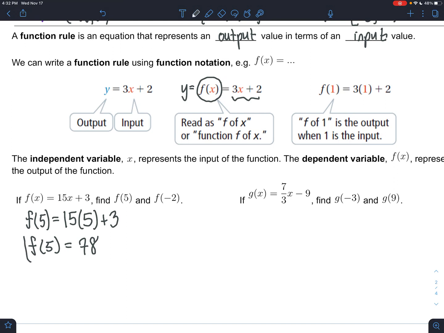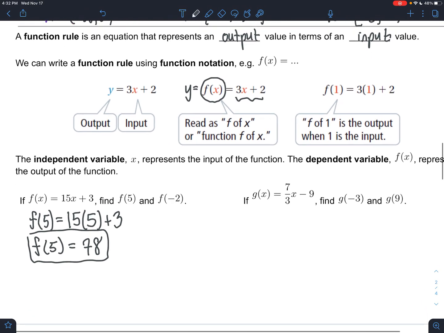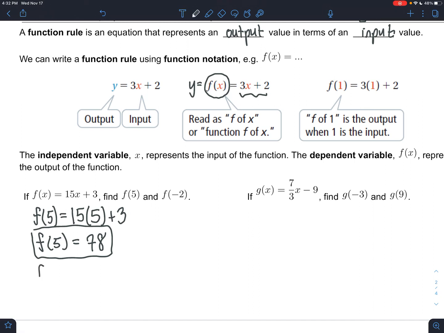But this statement here is really nice because it tells you 3 things. It tells you what your input was, 5. It tells you what you plugged it into, which function you used, f. And then it gave you the output. So it's really a lot better to use this notation when we're talking about functions. We get all this info in a summary. You could also plug in -2.